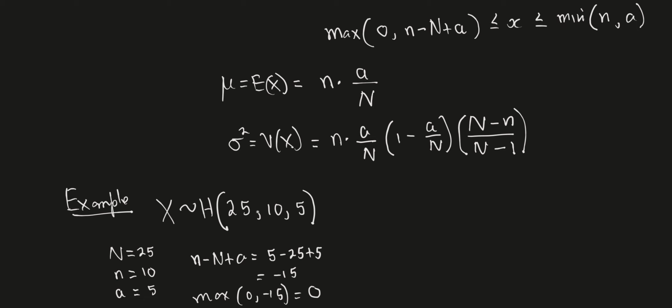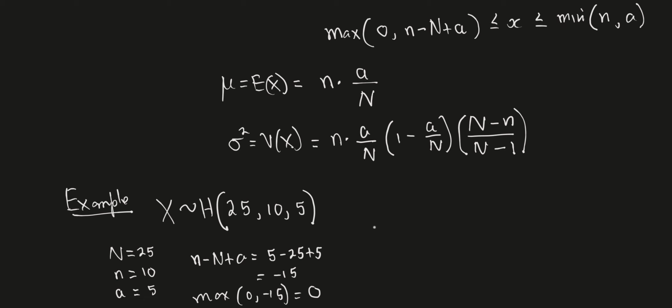If the population didn't have that many failures, then maybe when we sample the 10, we're guaranteed to get at least one success. In that case, the maximum here would be 1, and so forth. So that's why this little calculation is helpful. It tells you essentially the smallest number of successes you can hope to observe in this particular sample.